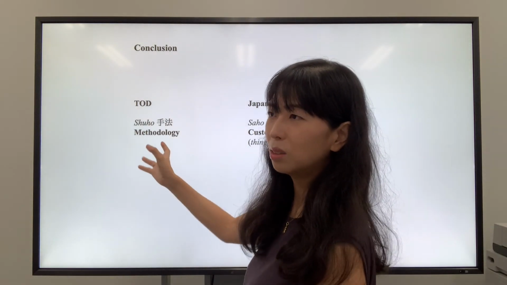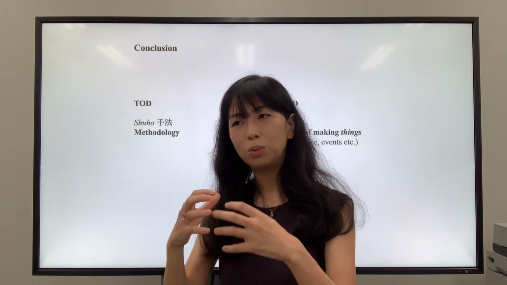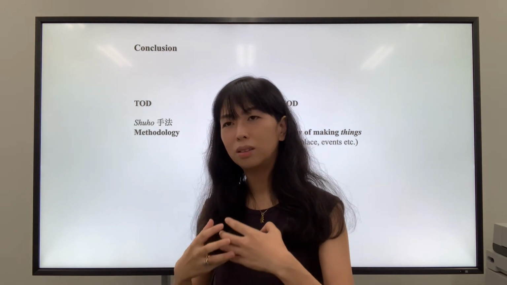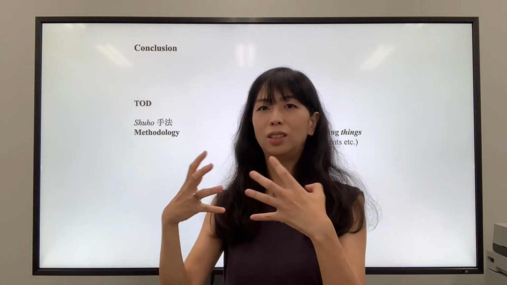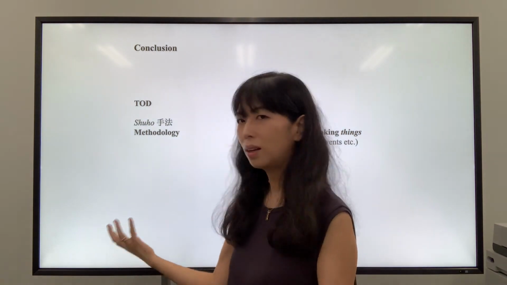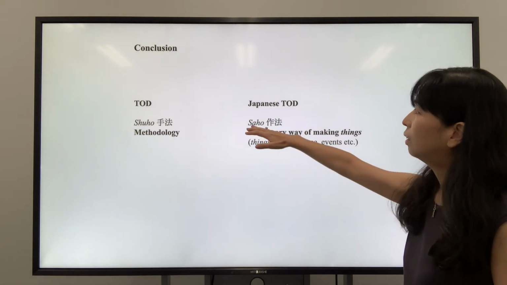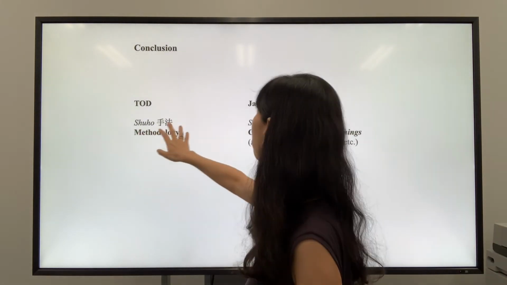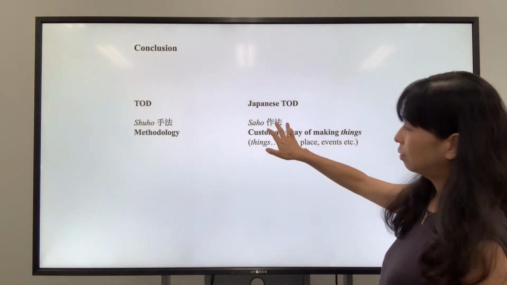As I mentioned, it's more of a craftsmanship development, where you relate more with the local people, and each context has its own history and narratives, so it is very different to apply in different cases. Therefore it is not shuho, but I would call it saho.